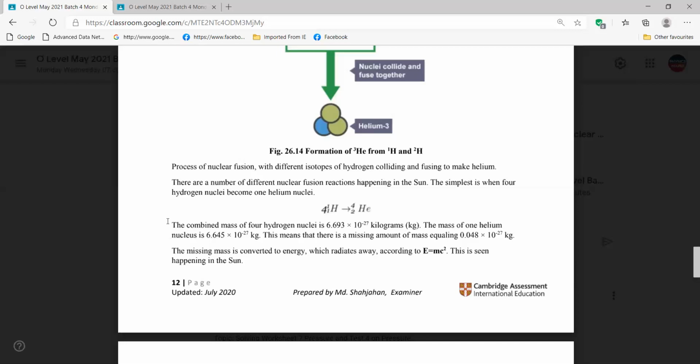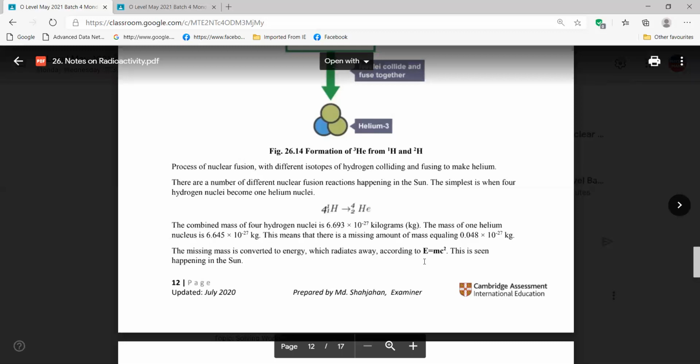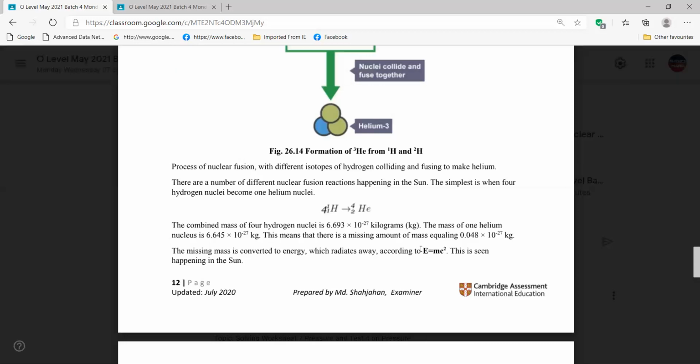That mass is converted to energy, and it is emitted as gamma radiation. So here, the product and the source both have mass number 4, nucleon number is 4, but even after that we have a gap in mass. That mass is actually the mass of the protons or the mass of the neutrons.